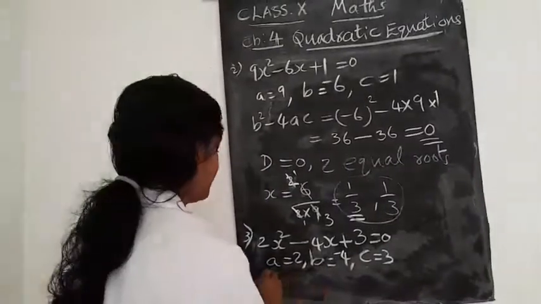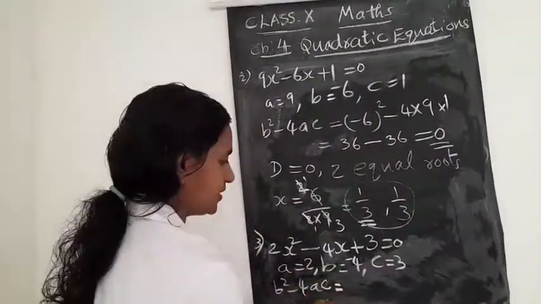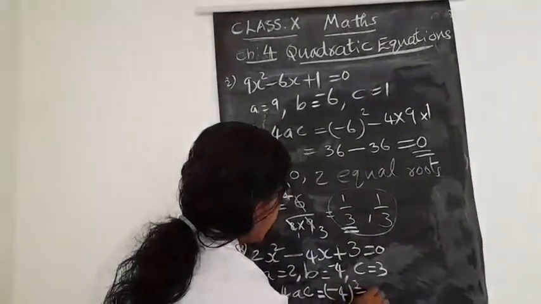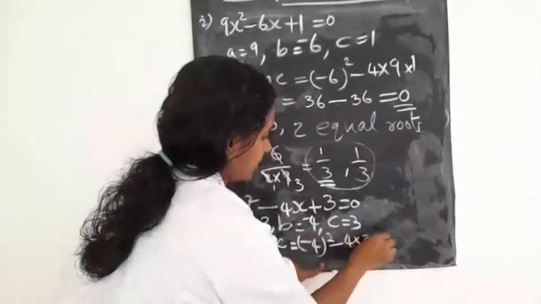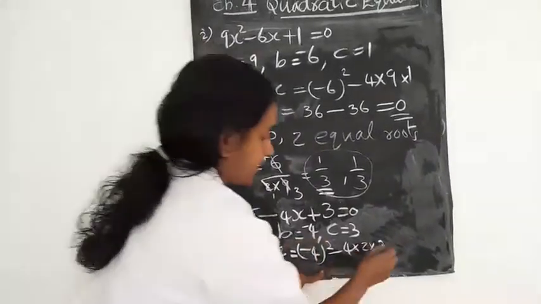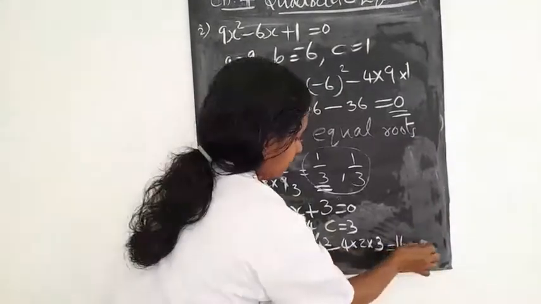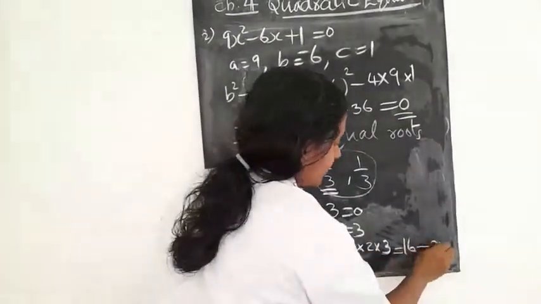The next step, b square minus 4ac, that is equal to, what is b square? Negative 4 whole square minus 4 into 2 into 3. Negative 4 whole square is 16, then minus 4 into 2, 8, 8 into 3, 24.